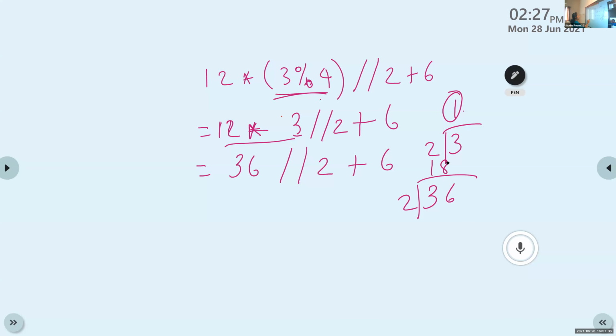The meaning of floor division is the quotient, and from the quotient we take only the integer part. So here 36 is divided by 2, the quotient is 18. So 36 floor division 2 is 18, plus 6. 18 plus 6 is 24.